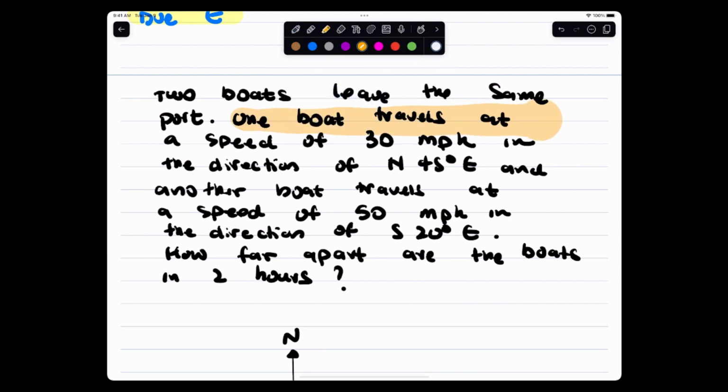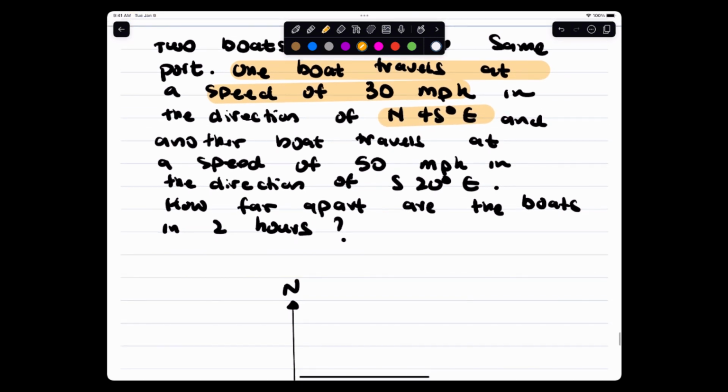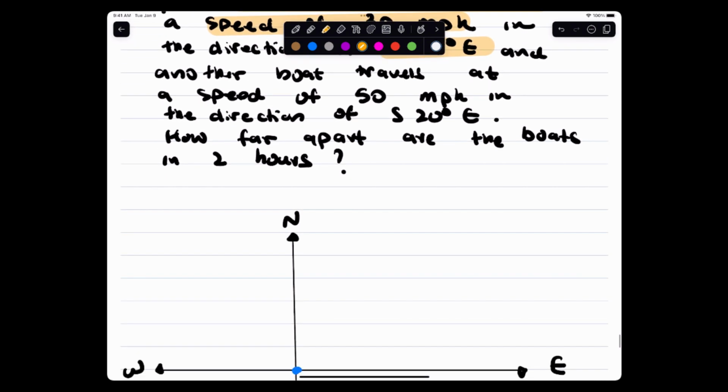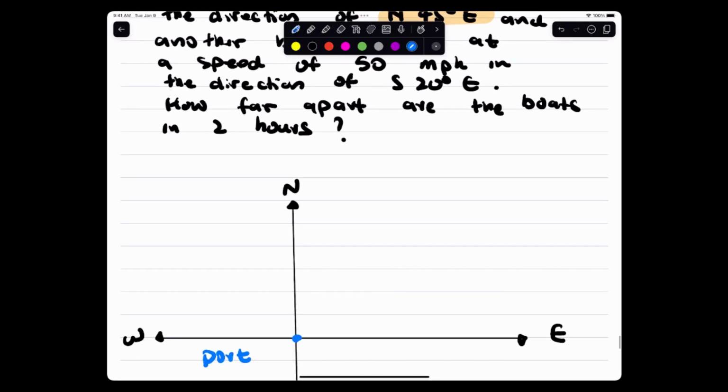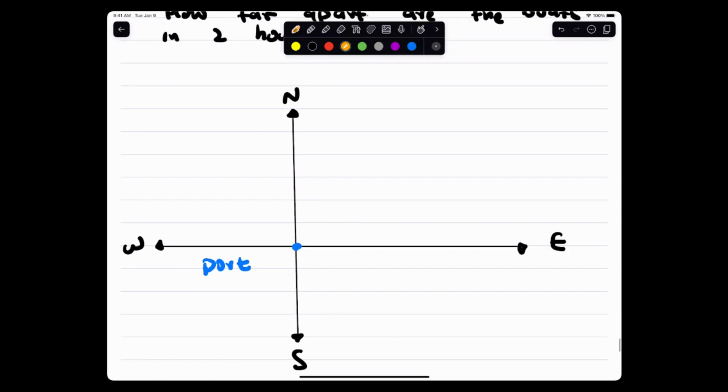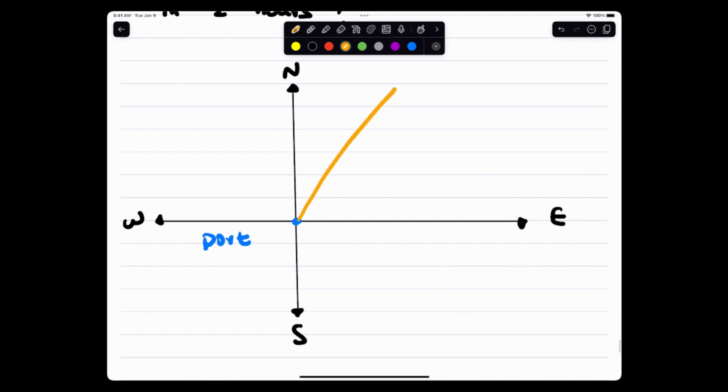It says one boat travels at a speed of 60 miles per hour in this direction, north 45 east. Okay, you guys okay with that? North 45 east. So it's a northeast situation. So here's my line.